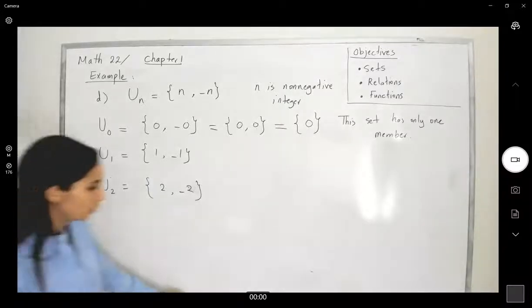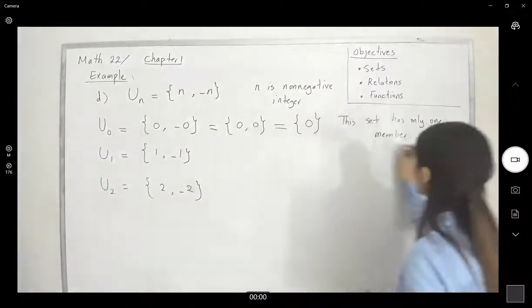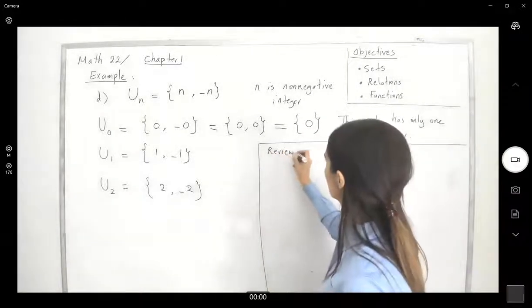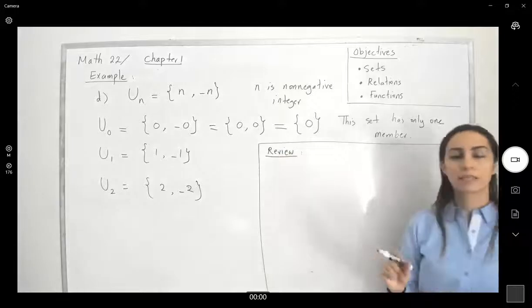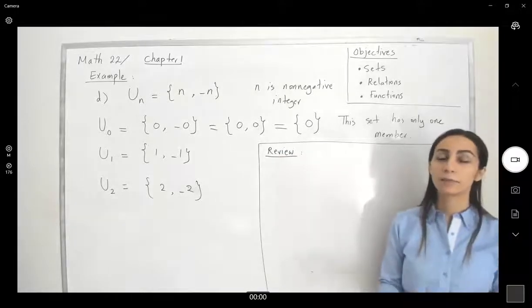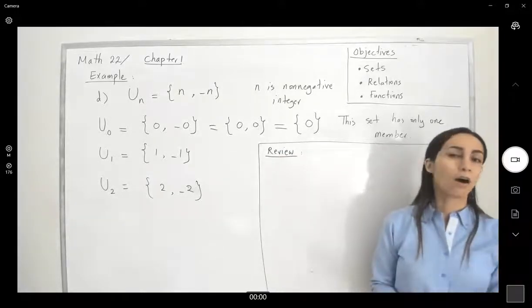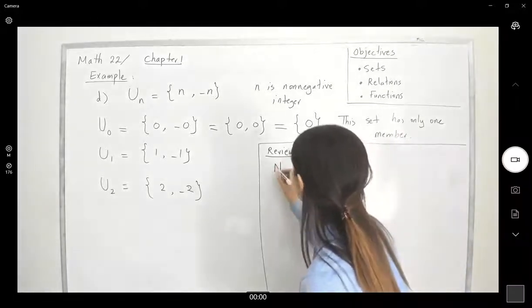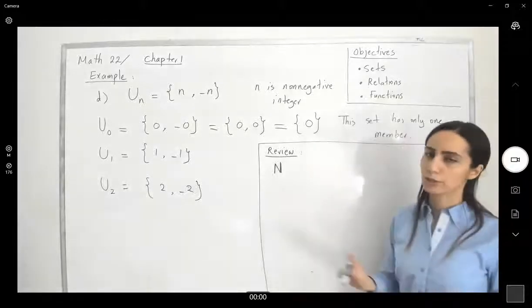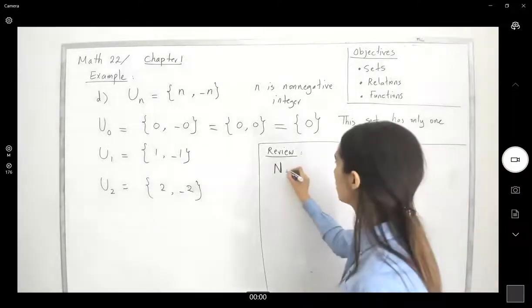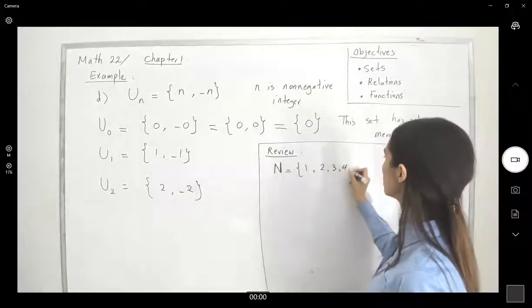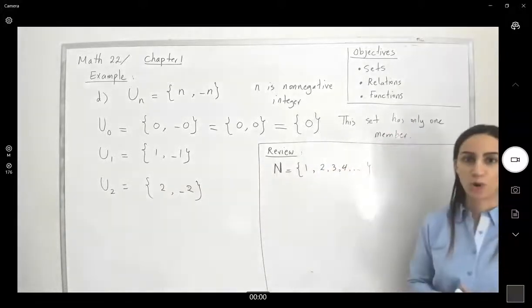Okay, just a quick review for you. The simplest set is the set of natural numbers. We denote it by N, and we say that N is the set of natural numbers or counting numbers. It starts from 1: 1, 2, 3, 4, and so on.